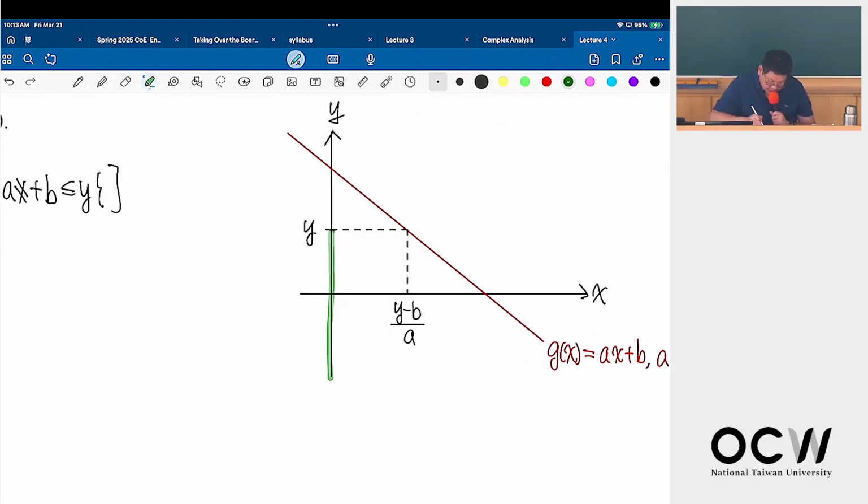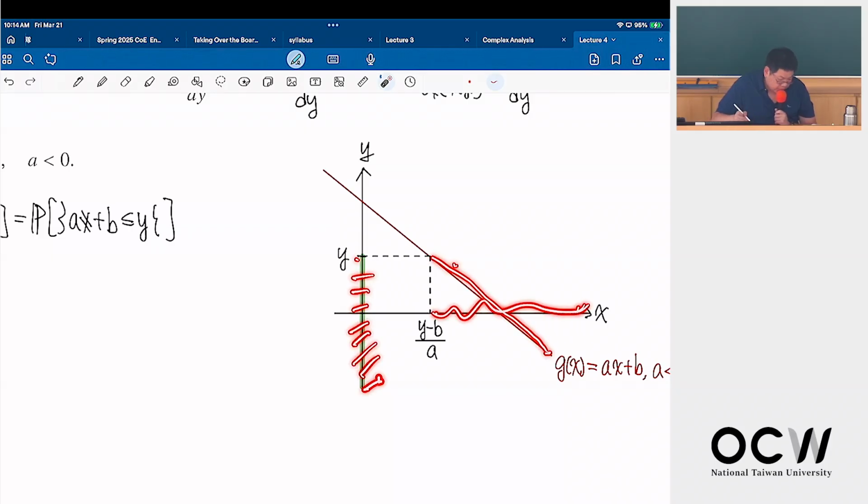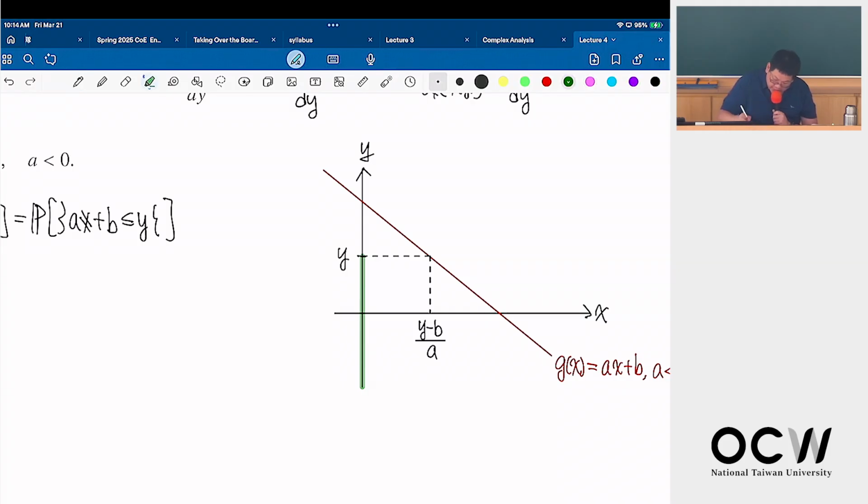And when ax plus b, this g of x, is less than y here, that means my x should be greater than this x point, should be this part.